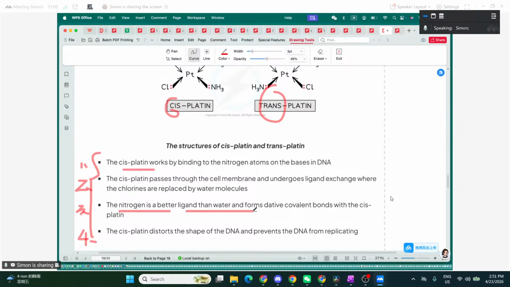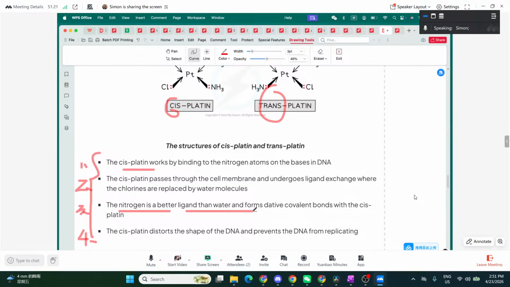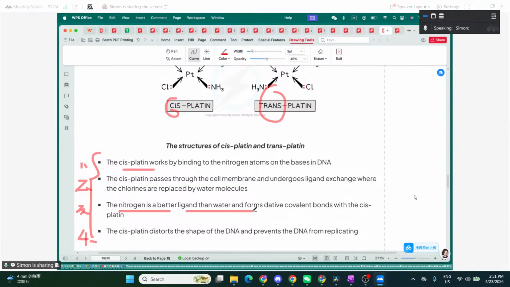In the process of forming the dative covalent bond with the cisplatin, the nitrogen is better at donating. And the fourth one is cisplatin will distort the shape of the DNA and prevent the DNA from replicating.